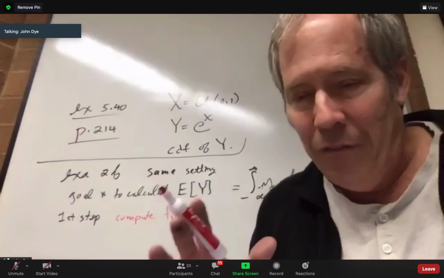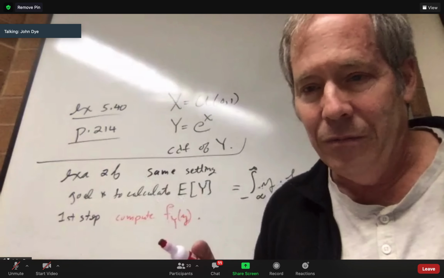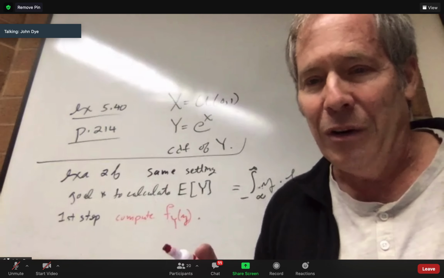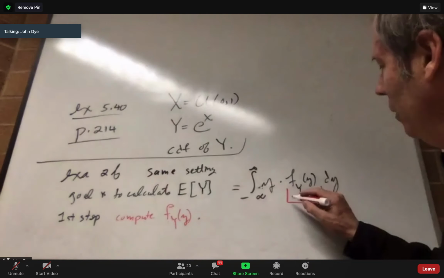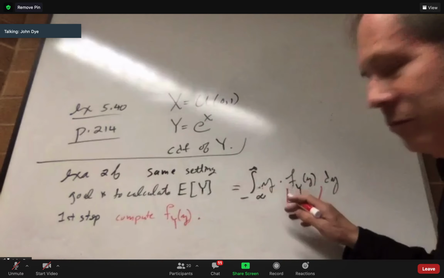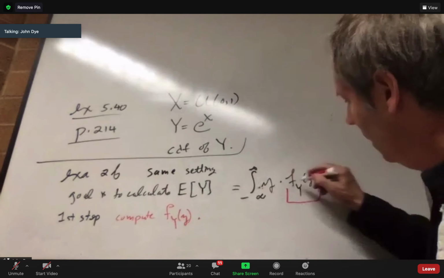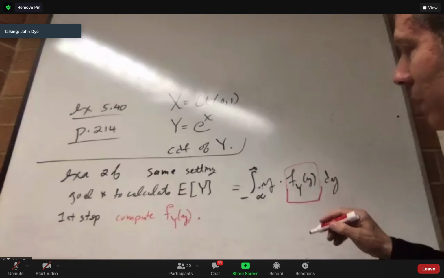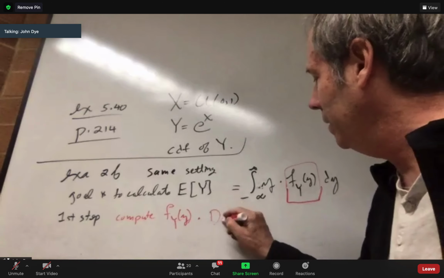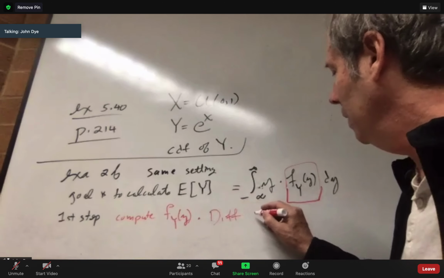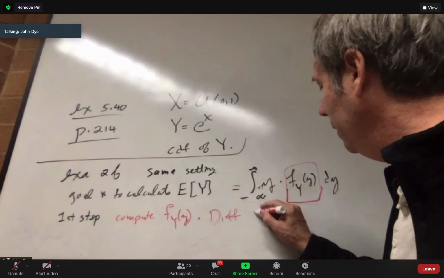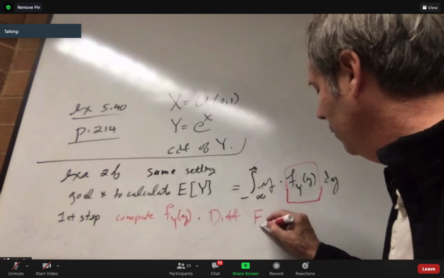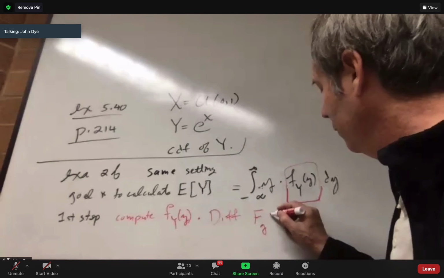All of this comes together into something I would consider sort of a fraudulent thing. Anyhow, this is what Ross wrote. So he wants that guy right here. The way he's going to get it is by differentiating the CDF. So he's going to differentiate F sub Y.